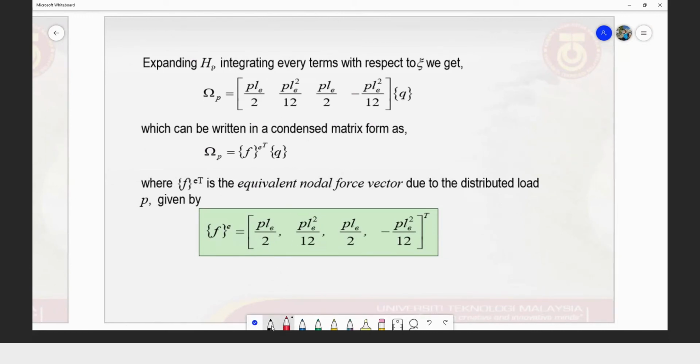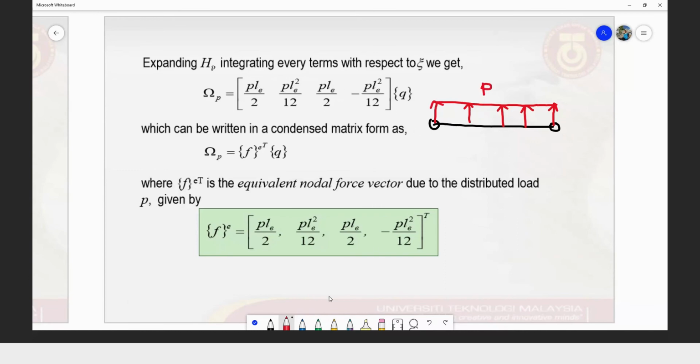So first, let's imagine this is our beam structure, which is under the distributed load. The whole structure is exposed to the uniform distributed load, which is given by P in this case.